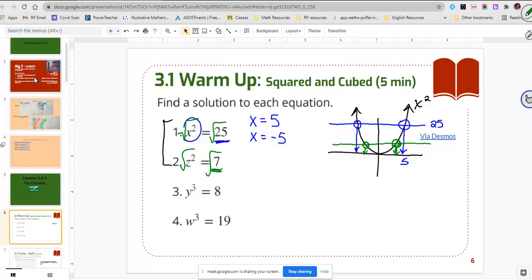So I'm just going to keep it as the square root of 7, and this one is z. So z could equal the square root of 7, or z could equal the negative square root of 7. Our parabola gives us two answers, so we need to be on the lookout for two different possible answers for that one.